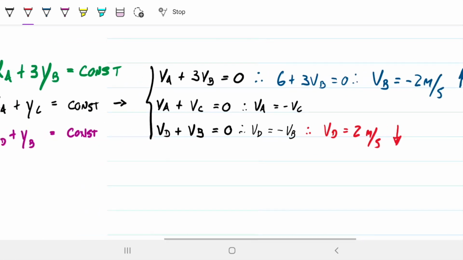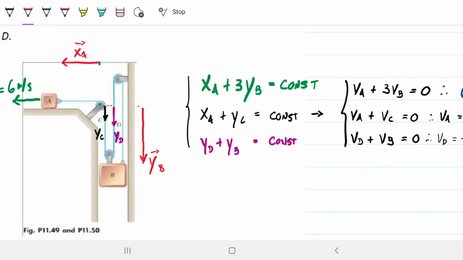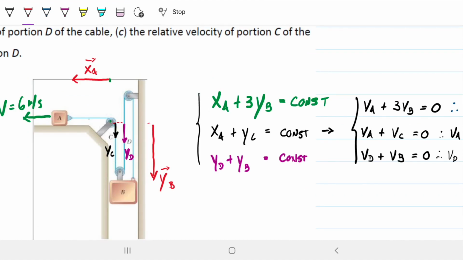Once again, that should be fairly intuitive. If A is moving leftwards, then this rope is pulling this way, pulling everything this way. That means that D is going downwards, which is our positive direction. So that is indeed intuitive.